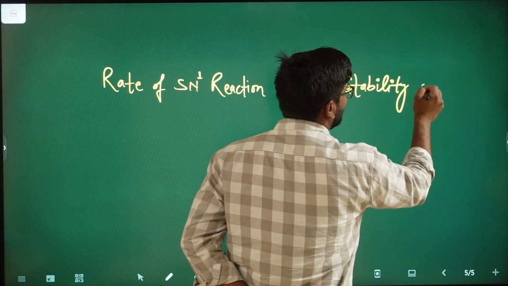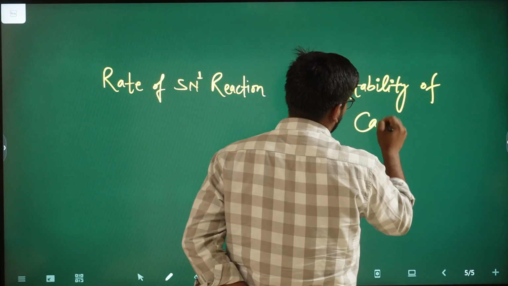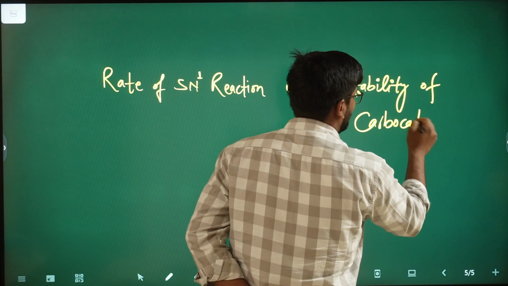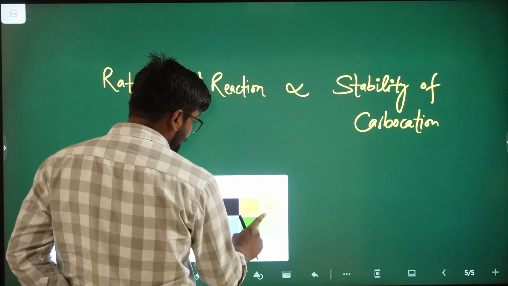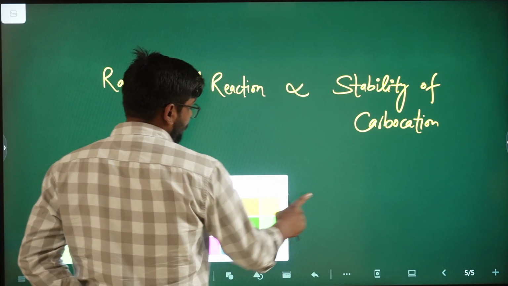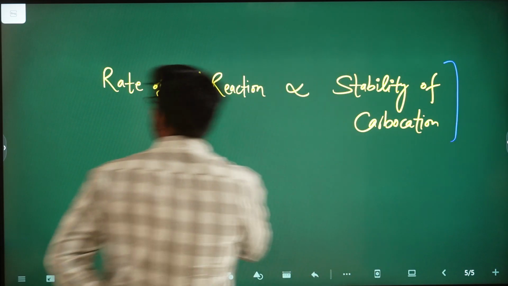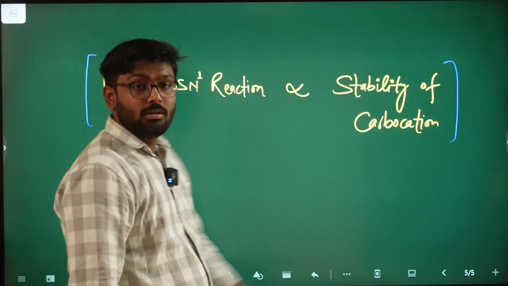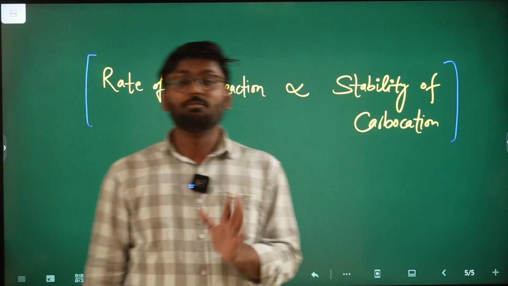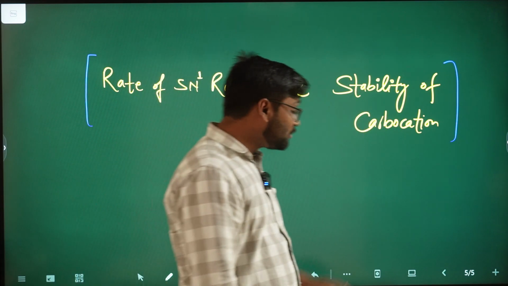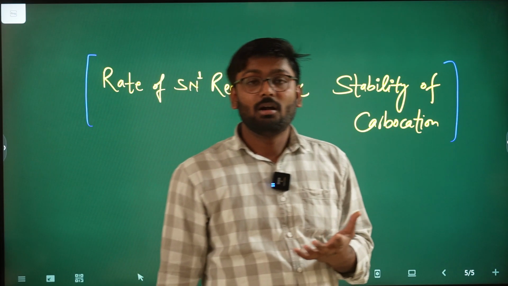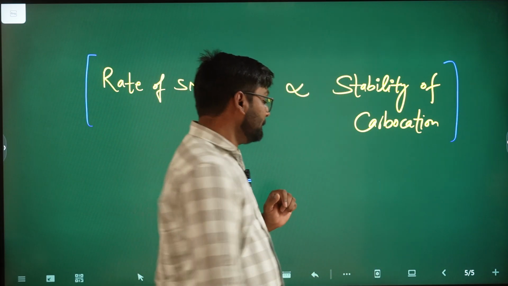So for any reaction, if we compare the rate of SN1 reaction, then we will look at the stability of carbocation. Okay, so this is the rate, this is how we can determine the rate.